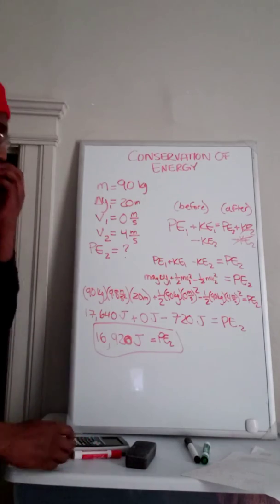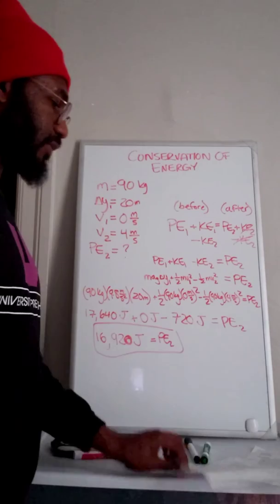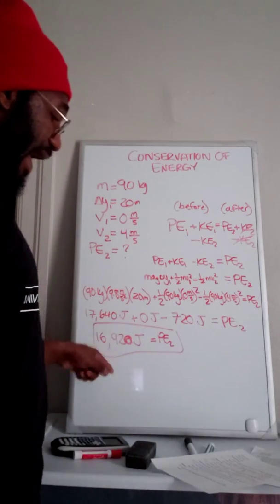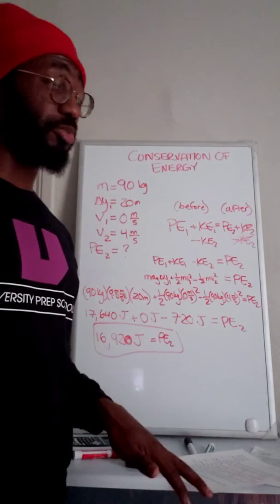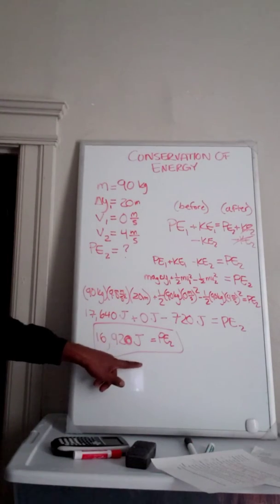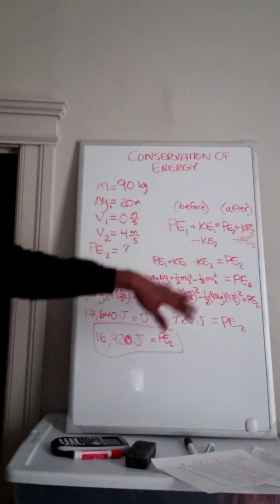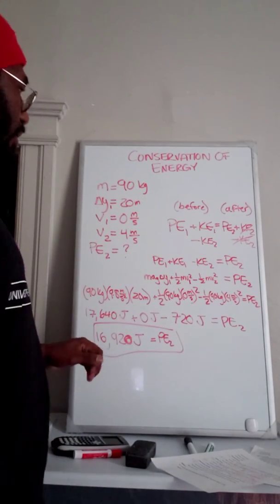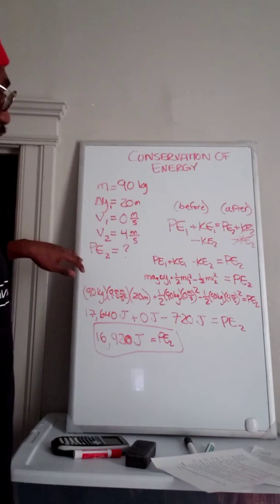All right, so the problem is not done yet. We still have to figure out how high in the air she is. Now that's going to be a lot simpler because we know our potential energy and we know the potential energy equation. So we don't have to deal with everything else. But just to review, we listed our knowns and unknowns.